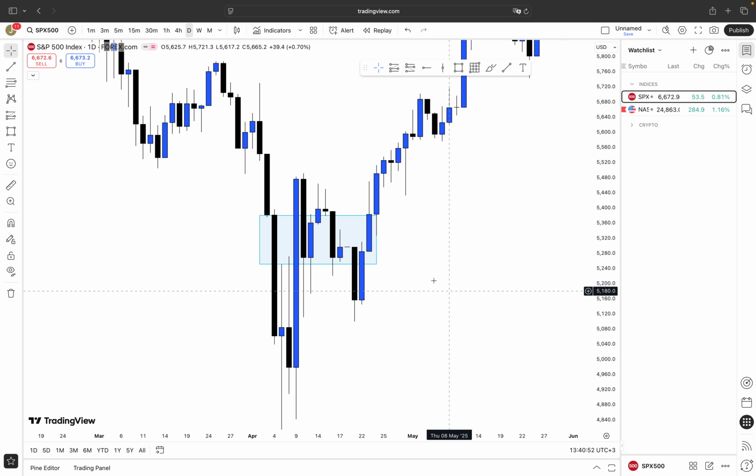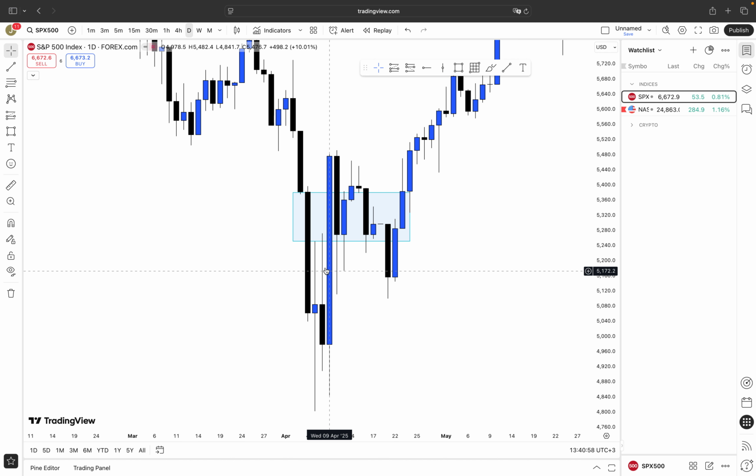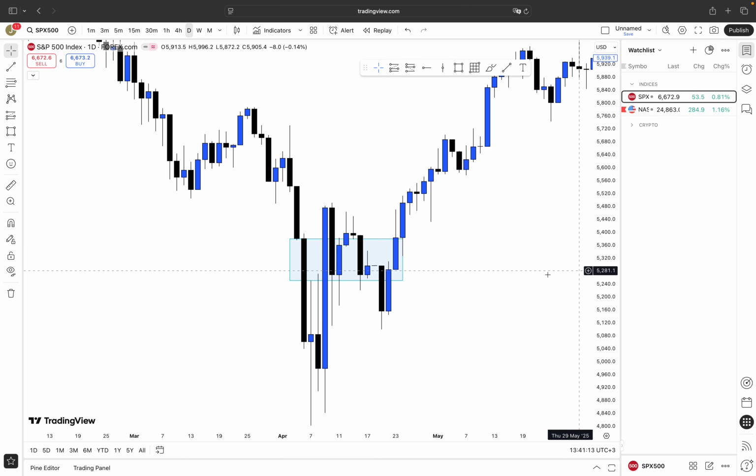In this example, we can see that price wicked in and respected this fair value gap a few times, and then moved lower, but then following we have a huge candle to the upside, which closes with its body over the bearish fair value gap. And this is what we call an inverse fair value gap, because price didn't respect this fair value gap, we closed above it.